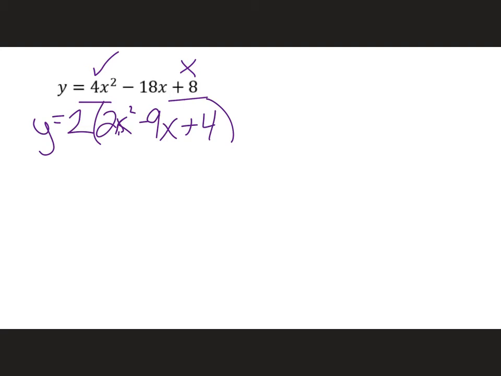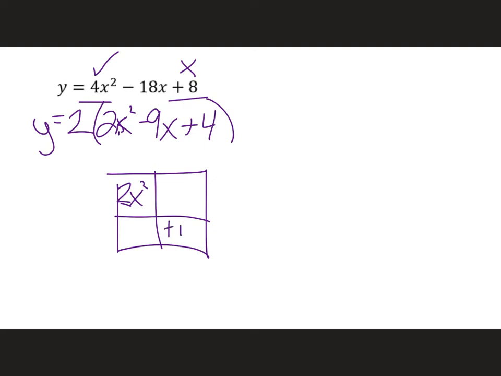So once I factor out the 2, I have 2x squared minus 9x plus 4, and that will be what I can factor now. So 2x squared and positive 4 gives me a product of 8x squared. So what are some factors of 8x squared that would create a negative 9x? To get a positive, I either need two positives or I need two negatives.